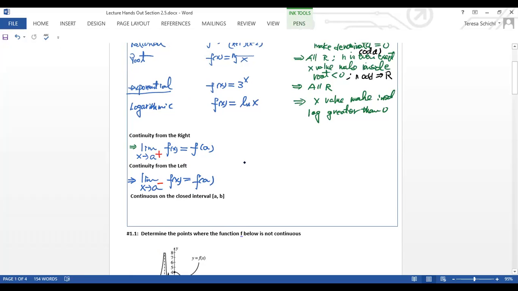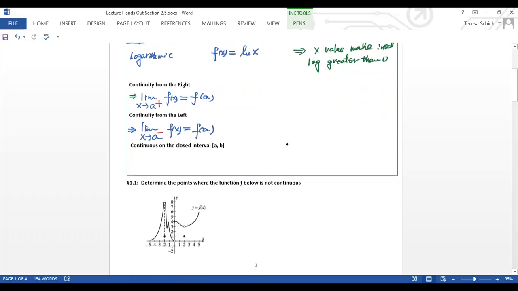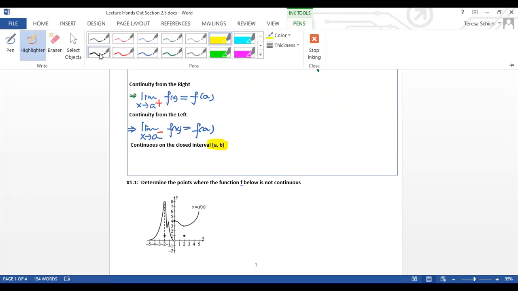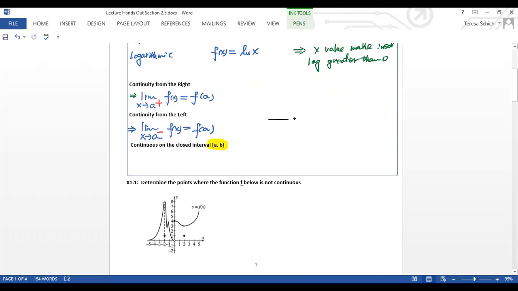Now the last thing: what does it mean to be continuous on a closed interval a, b? Let's look at the graph. This is a, this is b, and I have a function like that, f of x. Obviously this function is continuous.